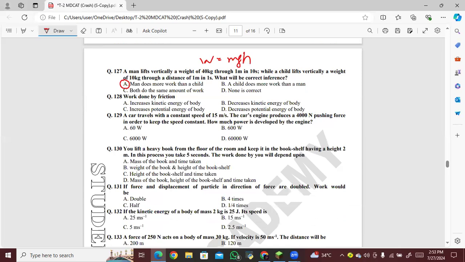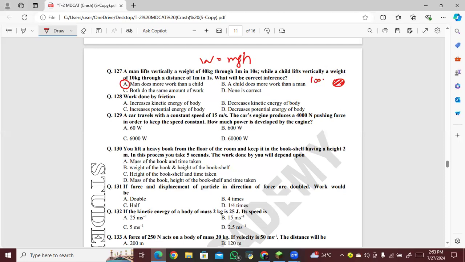Work done by friction: increases kinetic energy of body, decreases kinetic energy of body, decreases potential energy. Due to friction, the body is dropped from certain height.